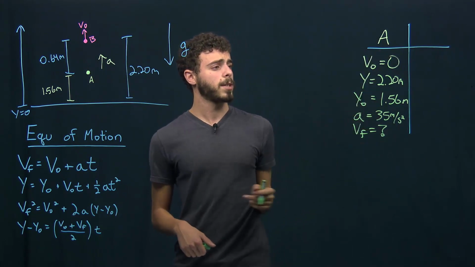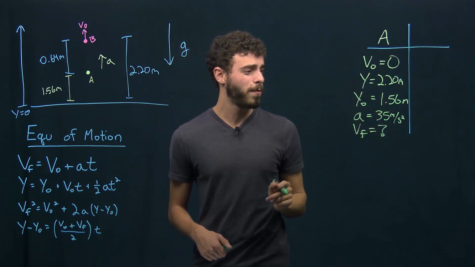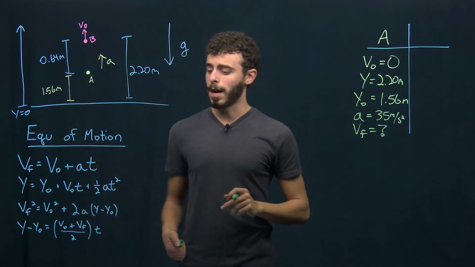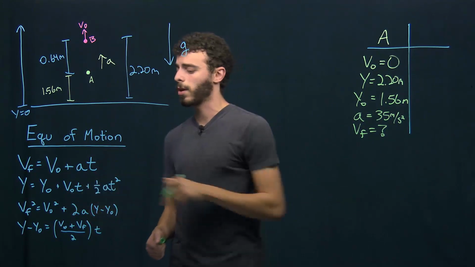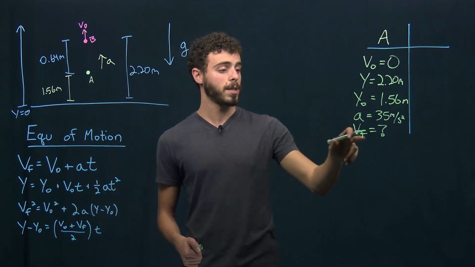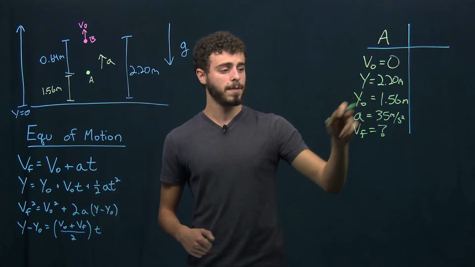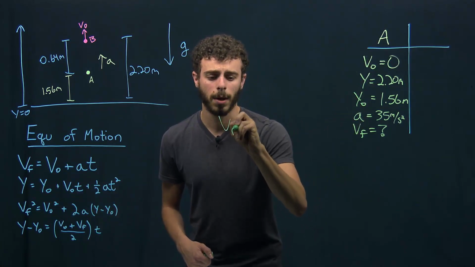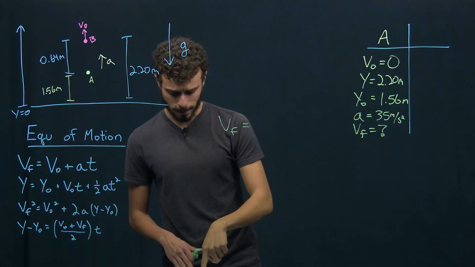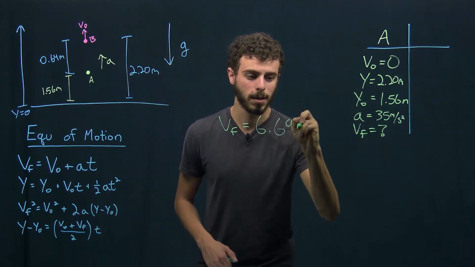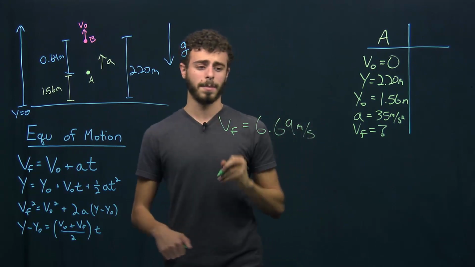So we now look, and we actually have quite a few, we have 4 knowns, and we really only have 1 unknown, so it's probably not surprising that if we look at these equations, this third equation, for instance, will allow us to solve directly for our velocity final. So I'll allow you guys to plug in these values and actually do that at home, but you should get an answer that the velocity final should be equal to 6.69 meters per second.